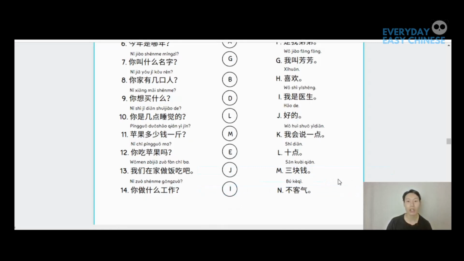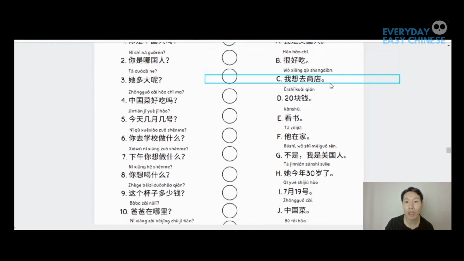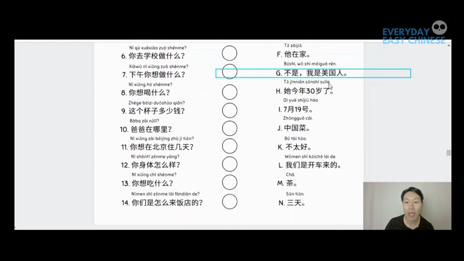Great. So let's move on to the next one here. Continued, we're doing the same thing. 你是中国人吗? So let's see. We have 我是英国人, I am British. Or we have another option here.